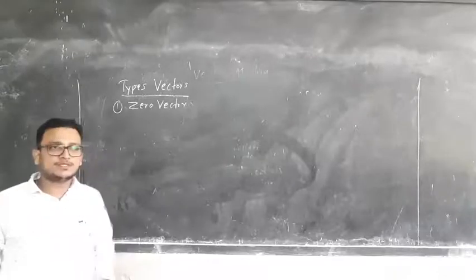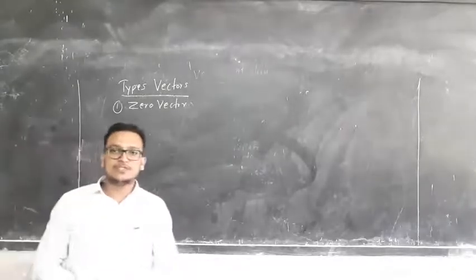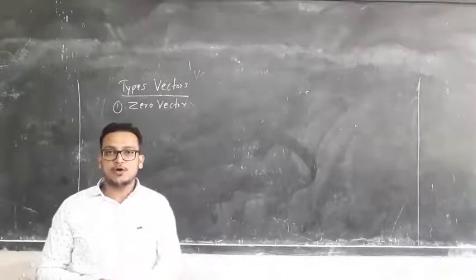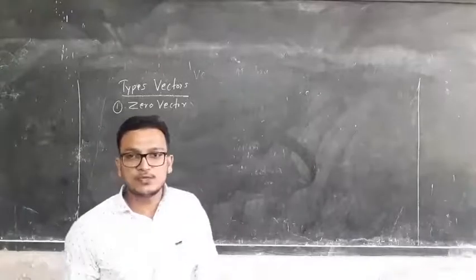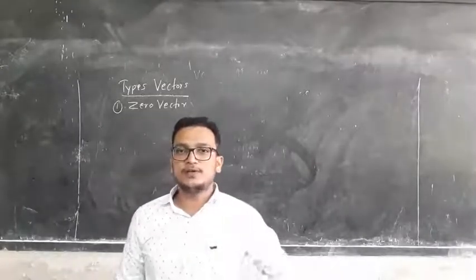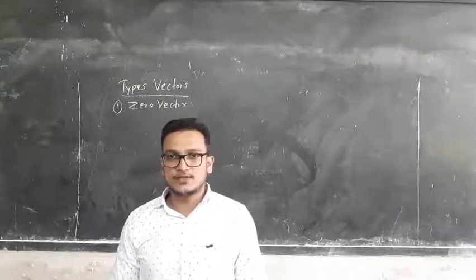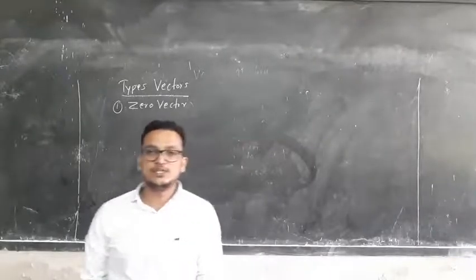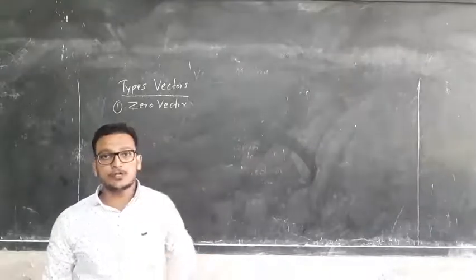Zero vector does not mean one whose magnitude is 0. Here I am going to define it in another way. A vector whose initial point and terminal point coincide is called a zero vector. For example, suppose this is the initial point, and I take a dumbbell shaped curve. If I start with this curve and it joins back into the same point, the initial point and the terminal point coincide.